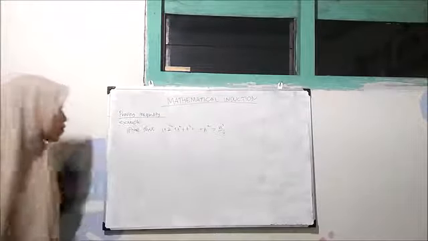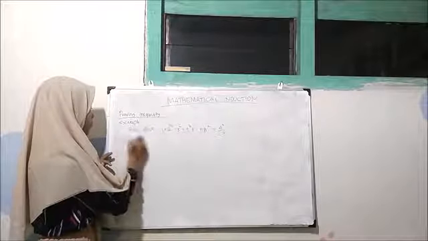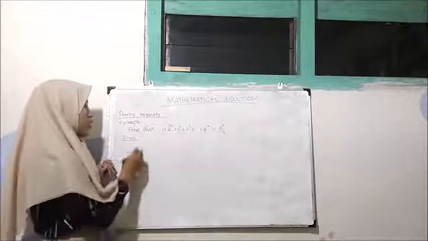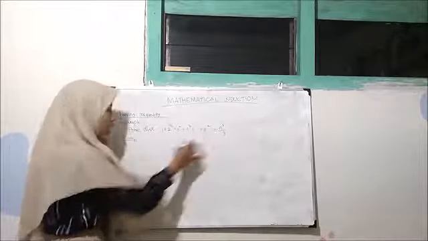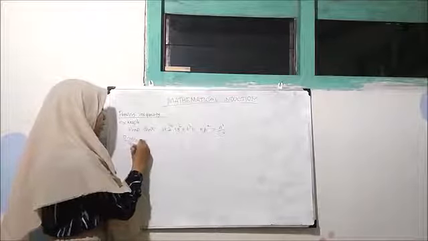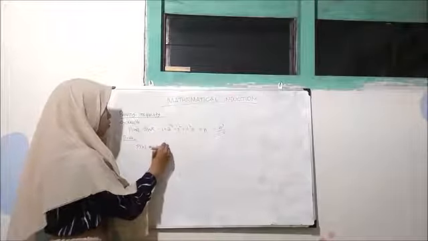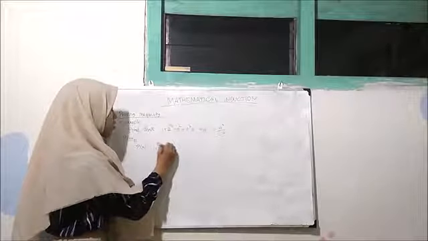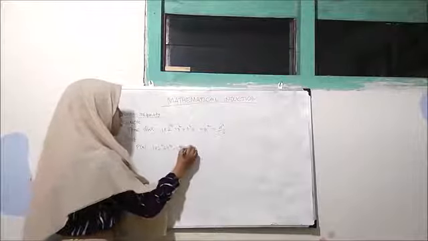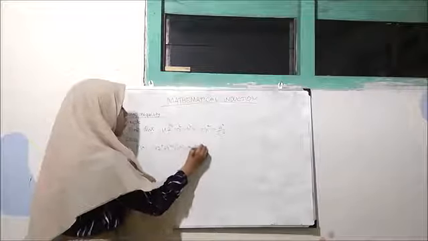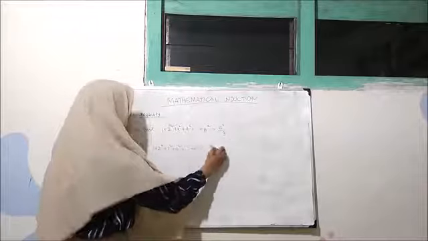As I explained before, we assume that this statement is Pn. Let Pn be 1 plus 2 square plus 3 square plus 4 square and so on until n square is greater than n cube over 3.